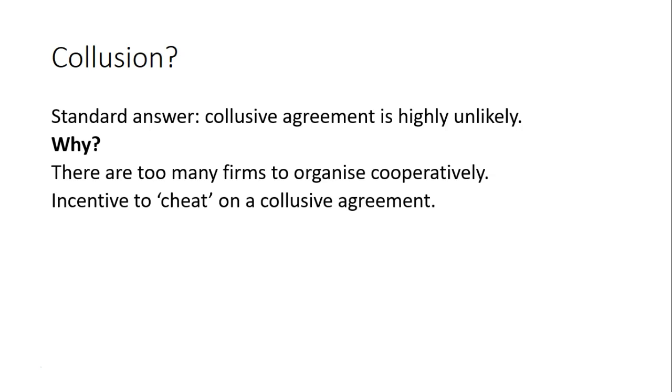Now, if every firm is thinking that, I'll produce a bit more than what I'm supposed to, the collusive agreement breaks down and everyone will end up back at equilibrium, making a smaller profit and a smaller producer surplus. Remember, profit and producer surplus are not the same thing.